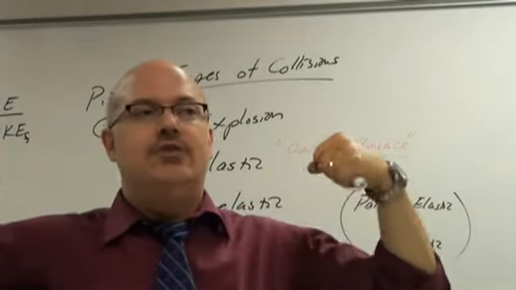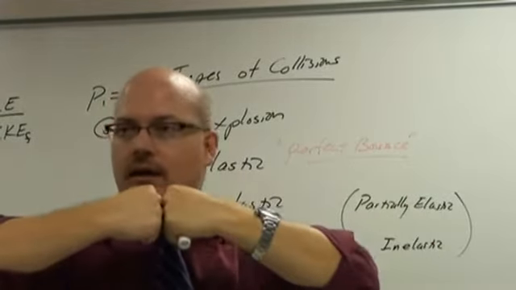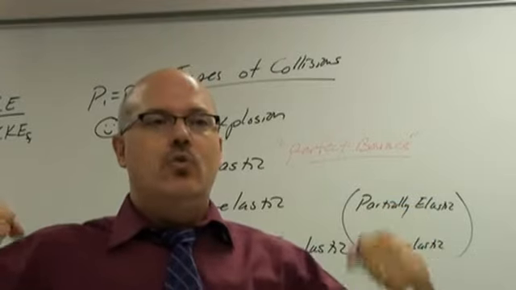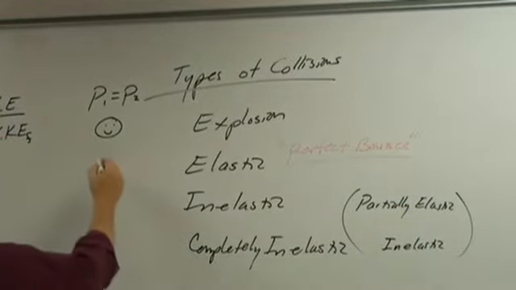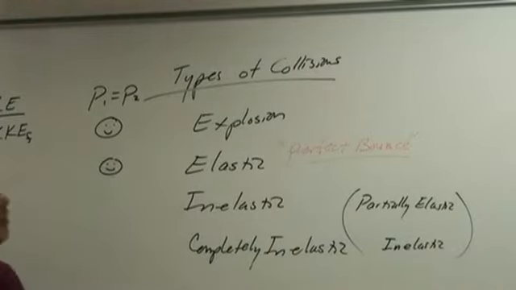In an elastic collision, the objects collide and bounce off without any loss or gain of kinetic energy. So you have conservation of momentum again, and the kinetic energy before and after is exactly the same.